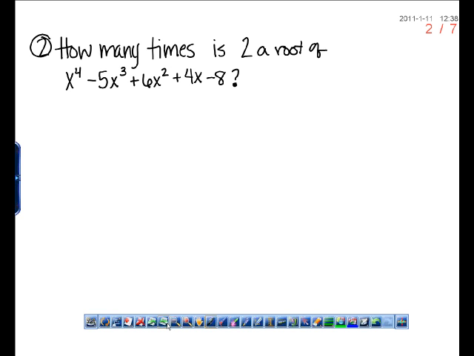Synthetic division. All right, so let's go ahead and set up synthetic division with my root of 2. Again, make sure that all of your places are accounted for.